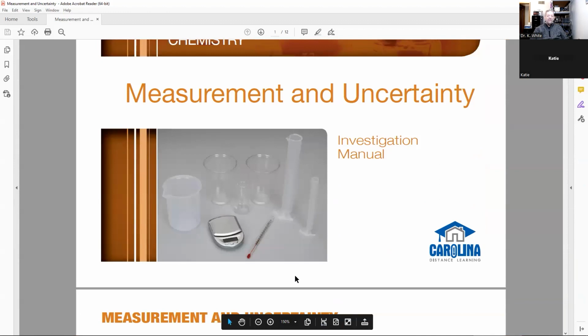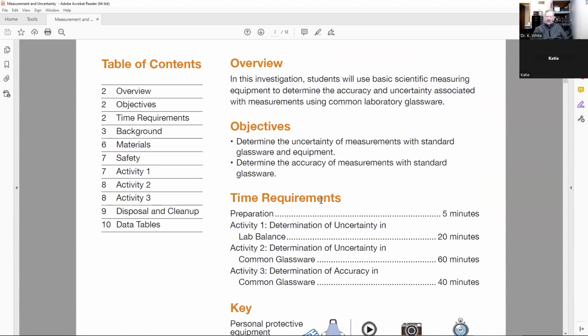Now, today's lab deals with measurements and uncertainty. What does that mean? Well, here they give you an overview. Students will use basic scientific measuring equipment to determine the accuracy and certainty associated with measurements using common laboratory glassware.